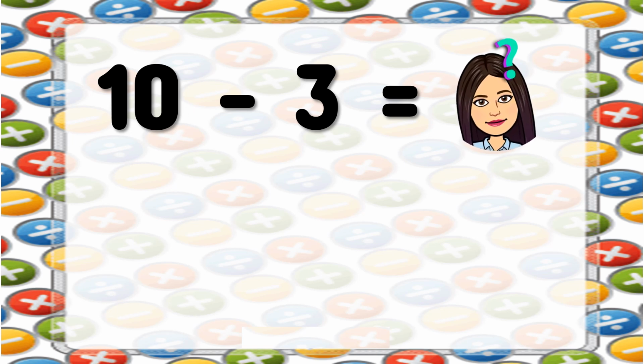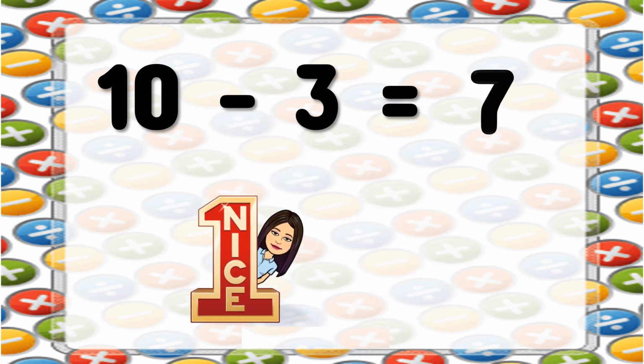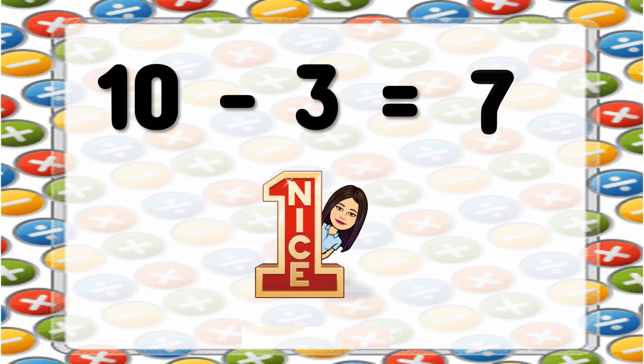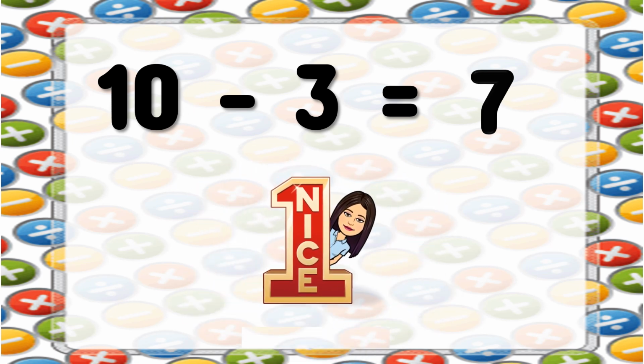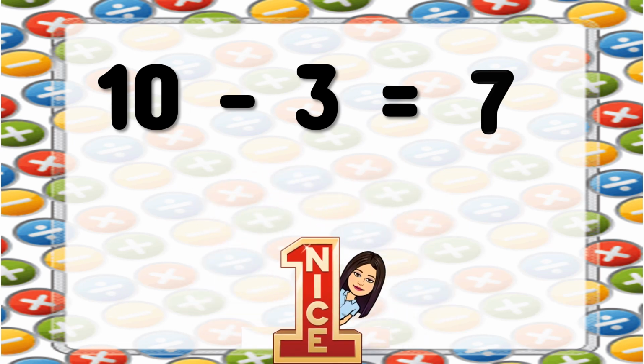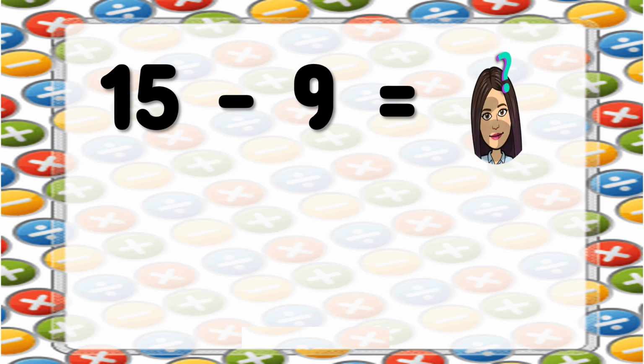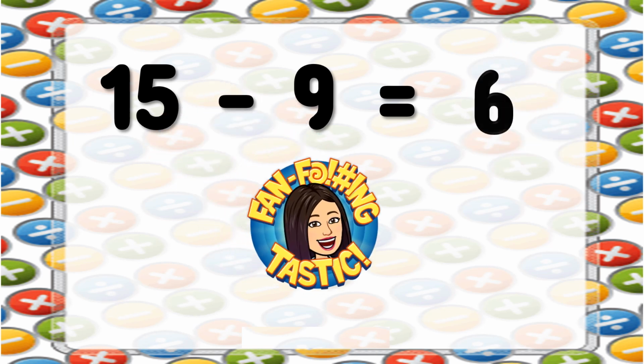And the answer is 10 minus 3 is equal to 7. And the correct answer is 15 minus 9 is equal to 6.